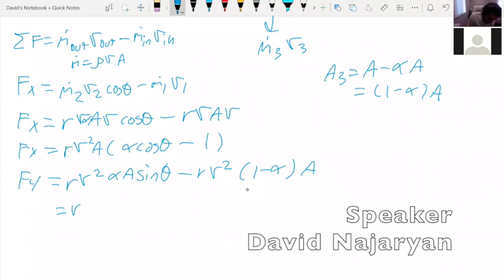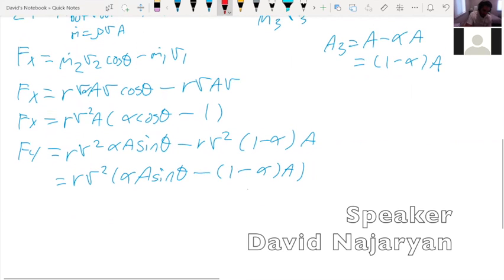And we can just simplify this as rho V squared, alpha A sine theta minus 1 minus alpha times A. There's more simplification, but this is fine for now.